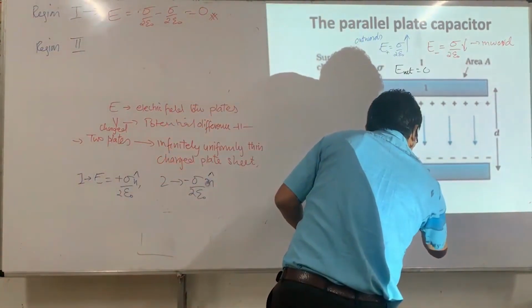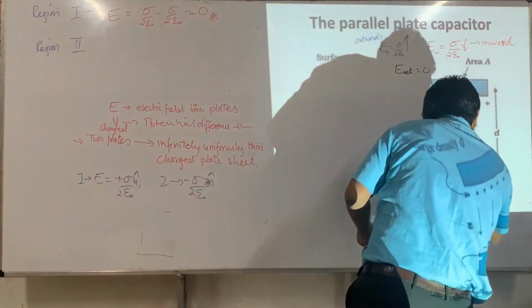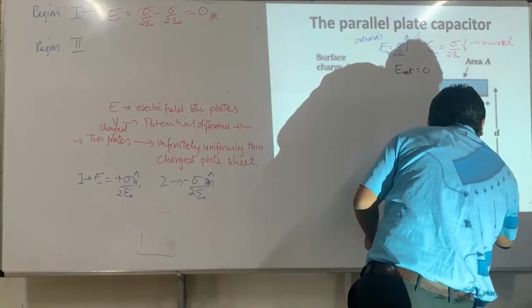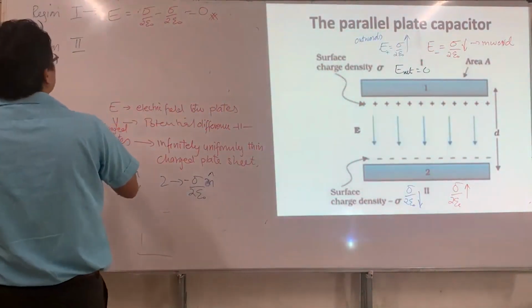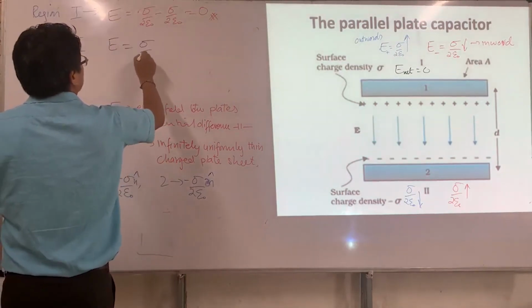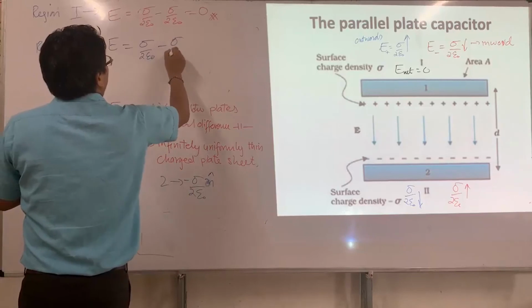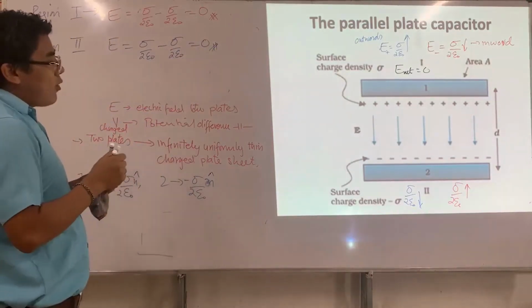Sigma by 2 epsilon naught outward, then sigma by 2 epsilon naught inward. Alright, and then the total electric field would be zero.